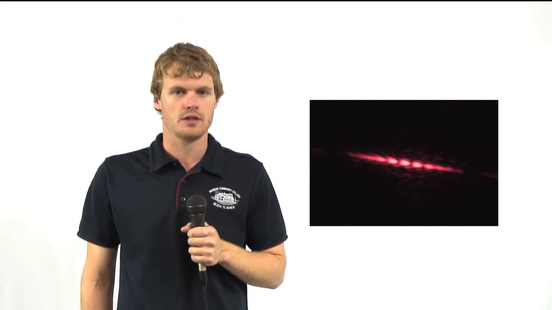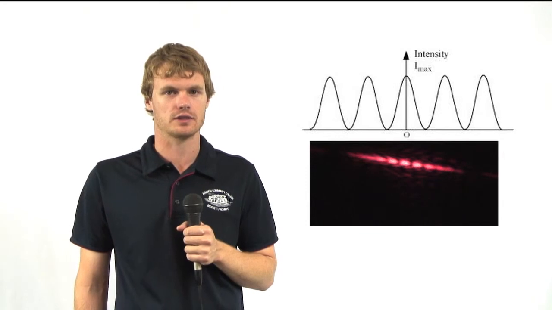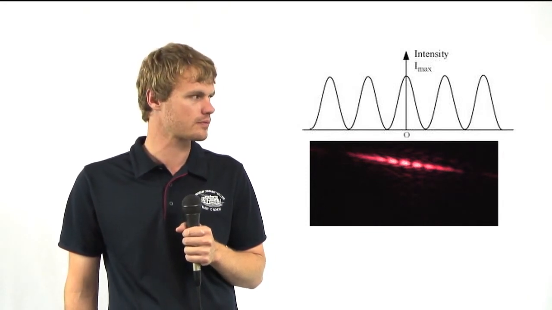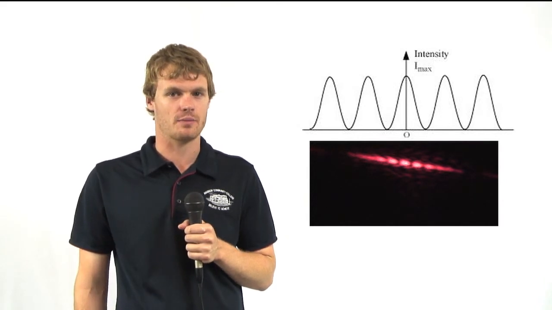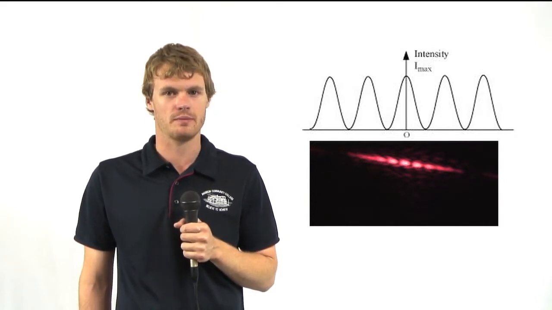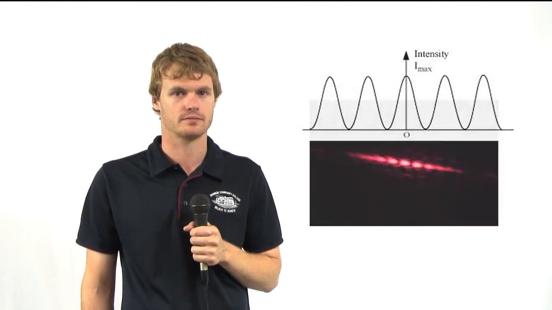So, our pattern that we have here, we've got our bright and our dark fringes. If we draw a graph of these bright and dark fringes, we get a pattern that looks like this. This pattern shows you exactly where our maxima are, where our bright fringes are, and where our minima are, or our dark fringes. So what's causing our bright and dark fringes?